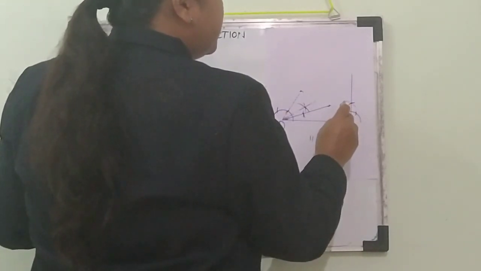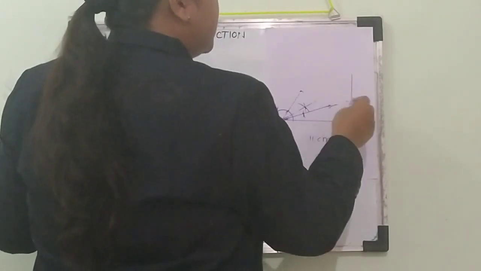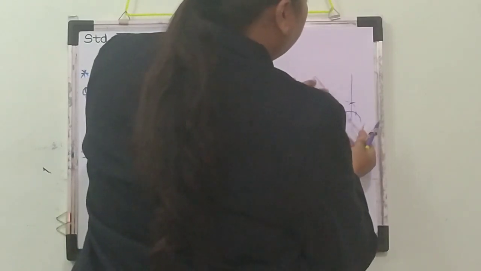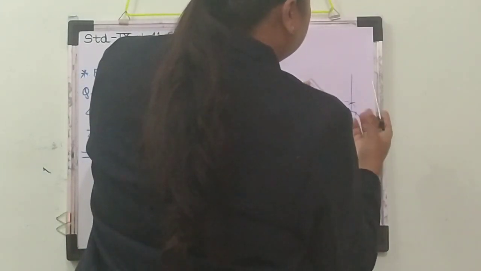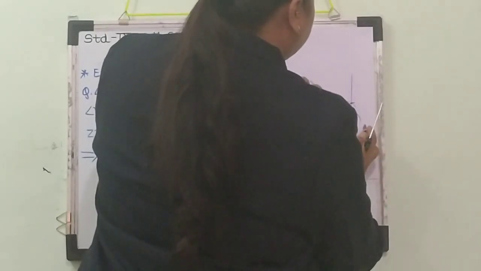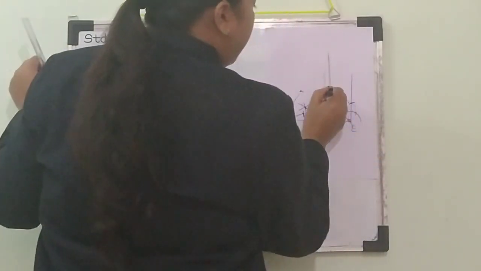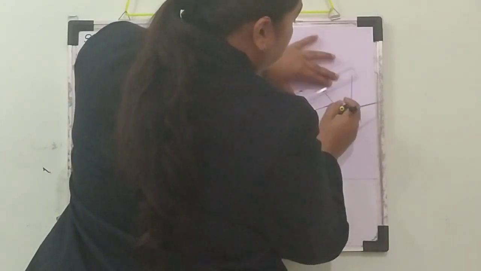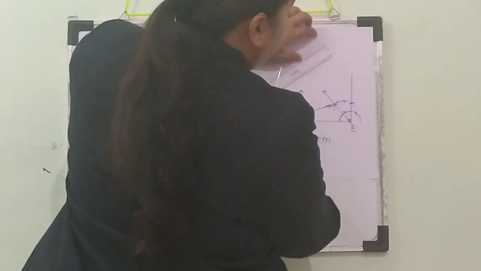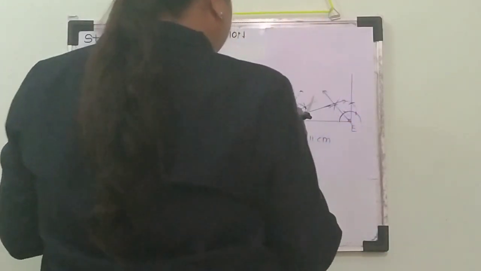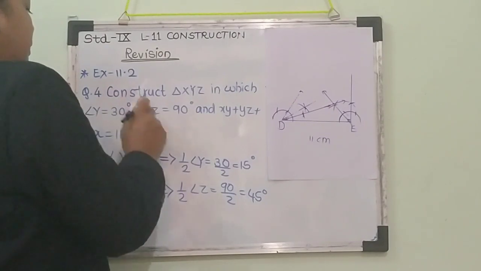So from this point we can draw the arcs and they are going to intersect with each other. It is a required angle and we have to extend this now, because we have to find out the intersection point, that is our triangle's vertex.